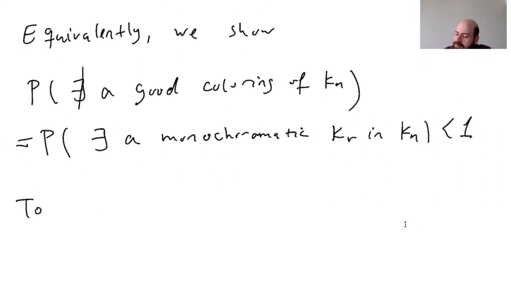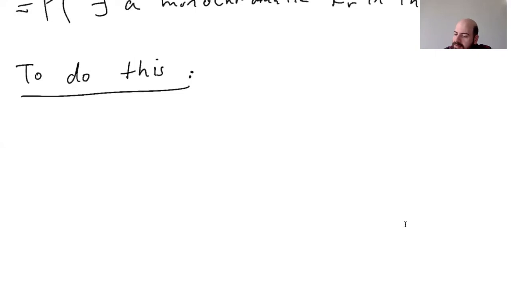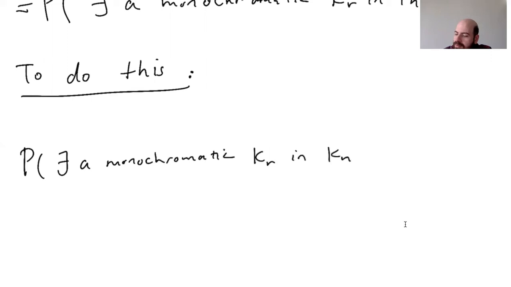So to do this, the probability that there exists a monochromatic Kr in Kn, we want to show that it's less than 1. So let's start with the left-hand side, the probability that there exists a monochromatic Kr in Kn. So let's see what this event is. When can I say that there exists a monochromatic Kr in Kn?